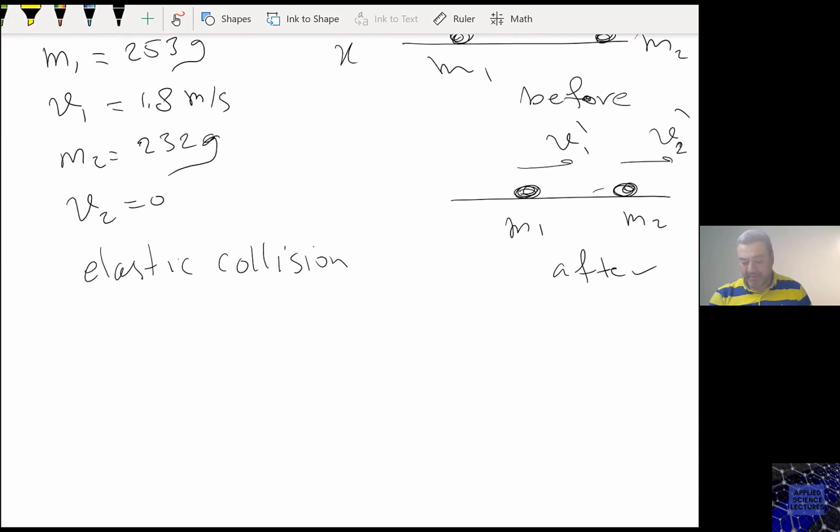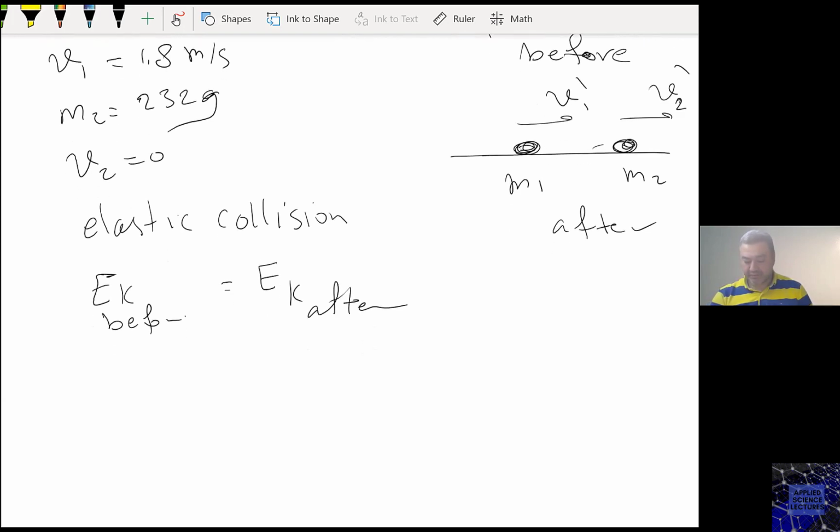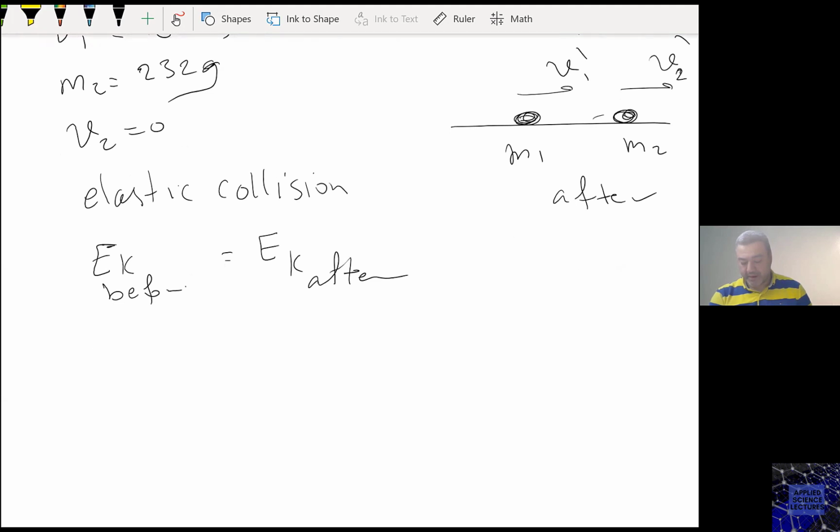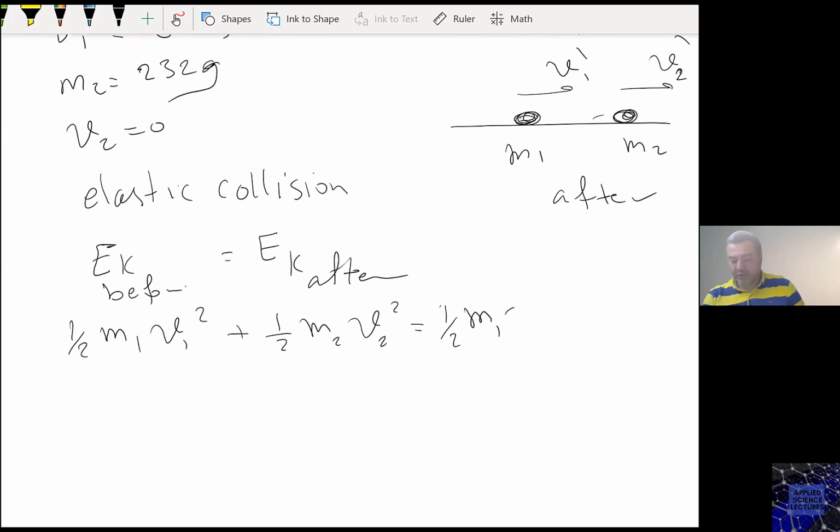We have here EK before equals EK after. I have half M1 V1 squared plus half M2 V2 squared equals half M1 V1 prime squared plus half M2 V2 prime squared. Now this one is 0.